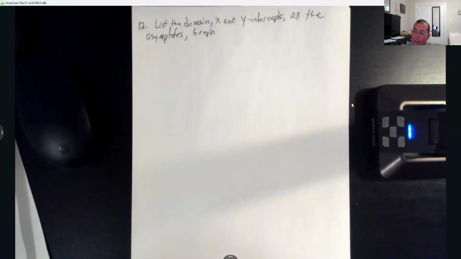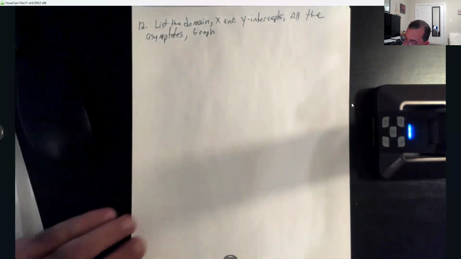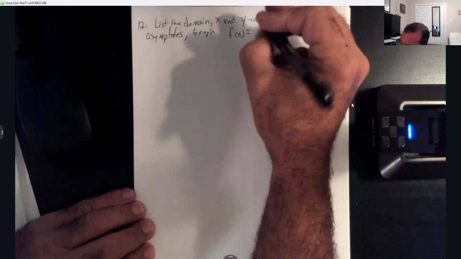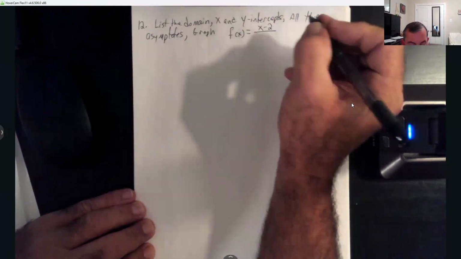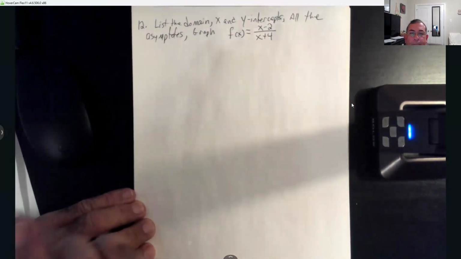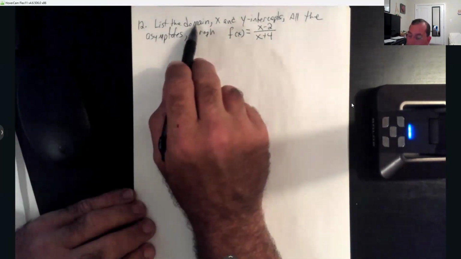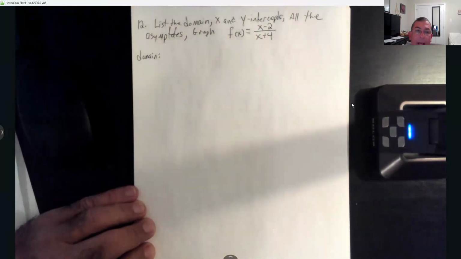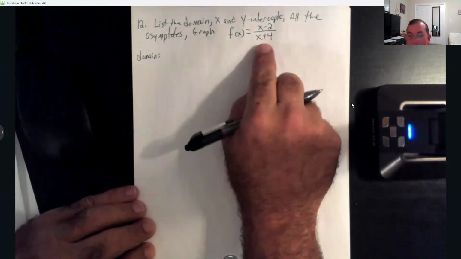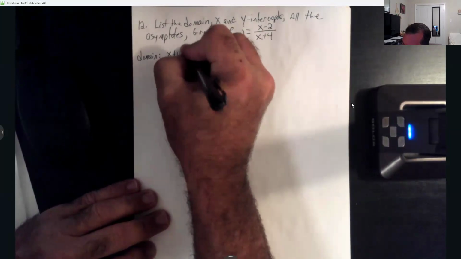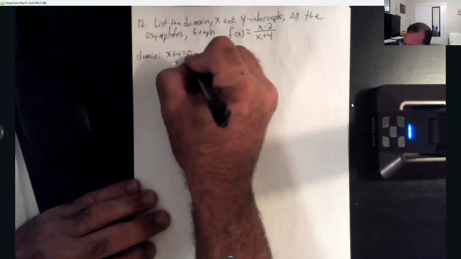Now they'll have 4 pictures of the graph, so if you don't want to graph them by hand, you can graph them on your calculator, okay? All right, y'all, they're giving us f of x equals x minus 2 over x plus 4. All righty, so my domain. And on the domain, they want interval notation. But remember, to find my domain, I'm going to set that bottom equal to 0.